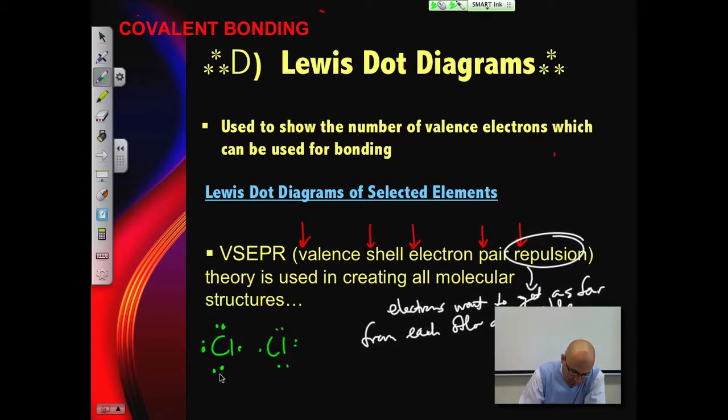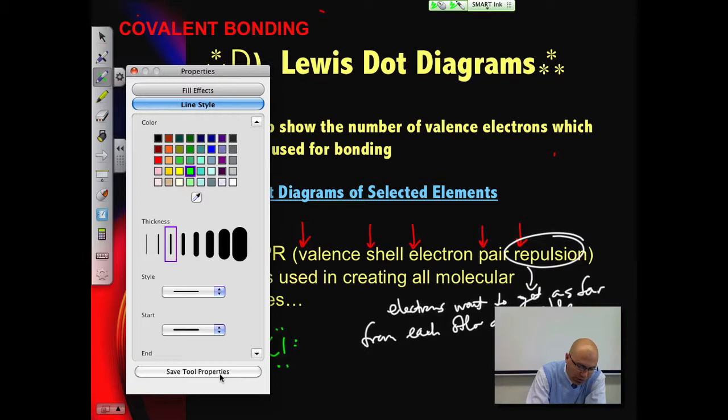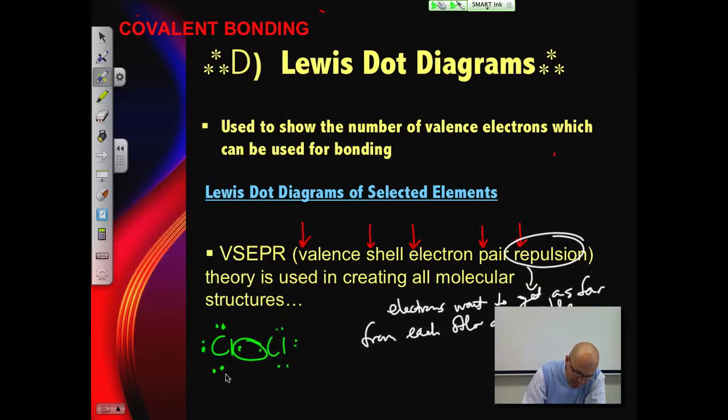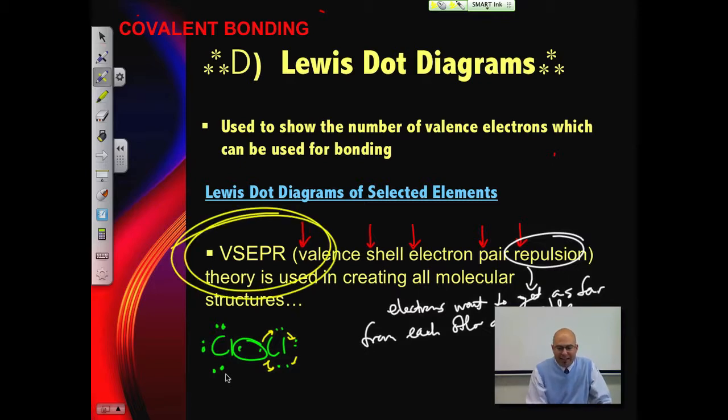There we are. These will be the sharing. And there will be some repulsion here between all these electrons. And the next slide is going to really talk more and more about this VSEPR, but know that that's kind of the key to all this molecular geometry and molecular structures.